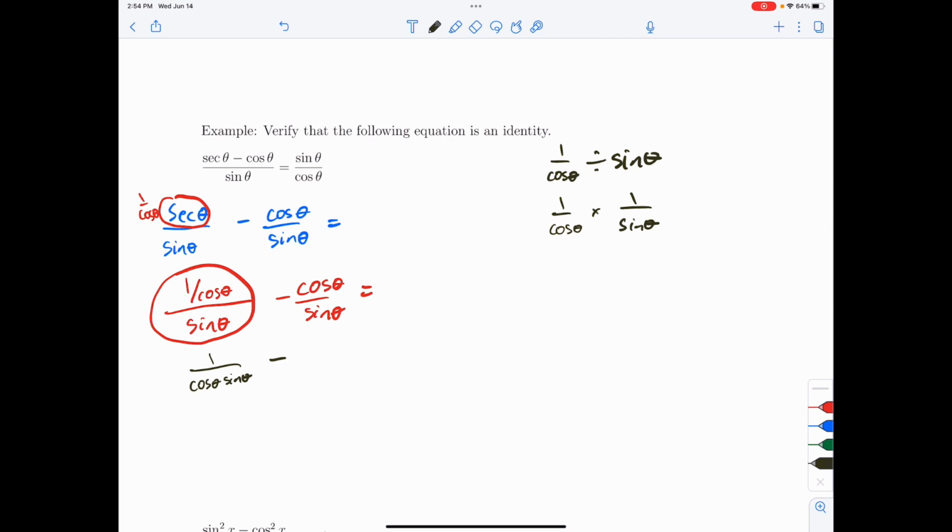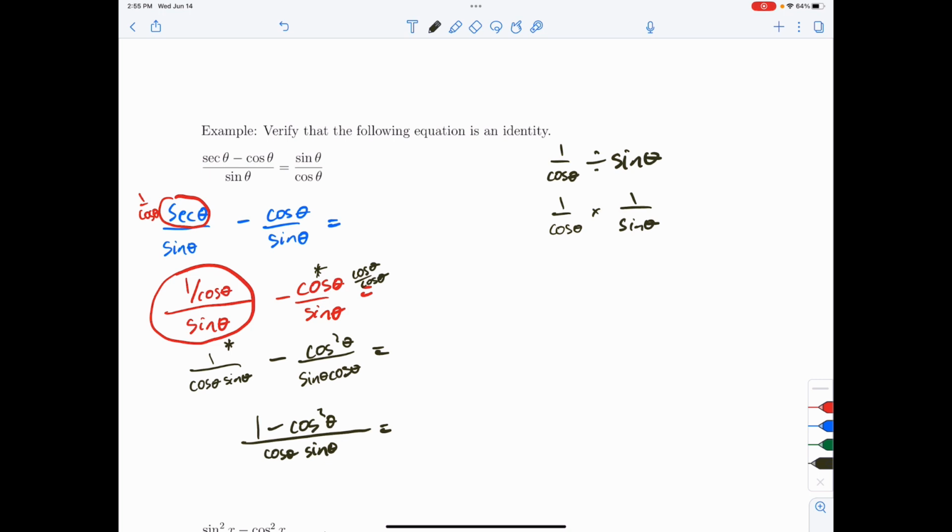Minus, and then to combine this fraction and this fraction, I need a common denominator, so I'm going to multiply the top and bottom by cosine of theta, so that the denominators are sine theta, cosine theta. And again, it doesn't matter which order I write those in. And then in the numerator, I have cosine squared. Okay, so combining these fractions, I have 1 minus cosine squared over cosine theta times sine theta.